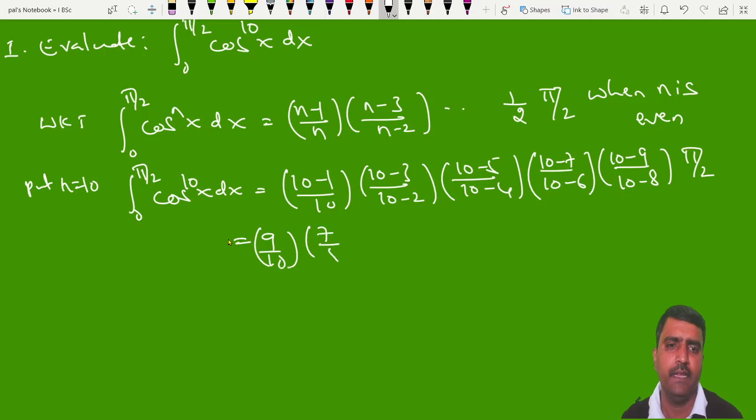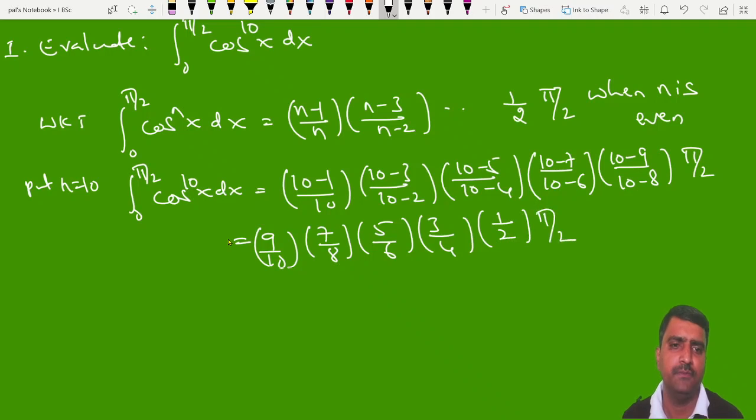Which is equal to 9 by 10 into 7 by 8 into 5 by 6 into 3 by 4 into 1 by 2 into pi by 2. So here 5 ones are 5, twos are 3, ones are 3, twos are again cancelled.